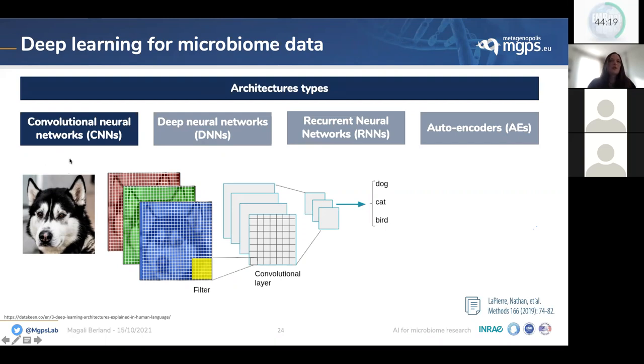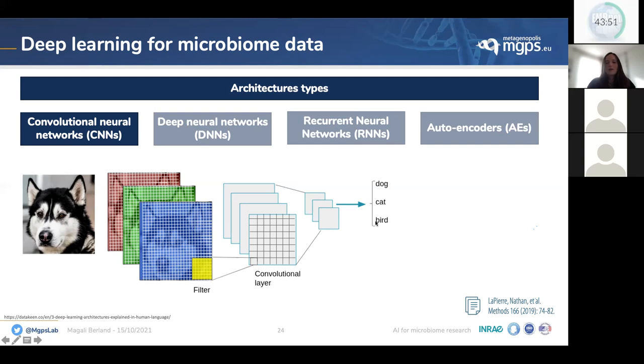The types of architecture that are well suited for image-based recognition are called convolutional neural networks, CNN. So you provide the image, the algorithm will analyze the different localization of pixels and construct some layers to give the final answer of what is on the picture.